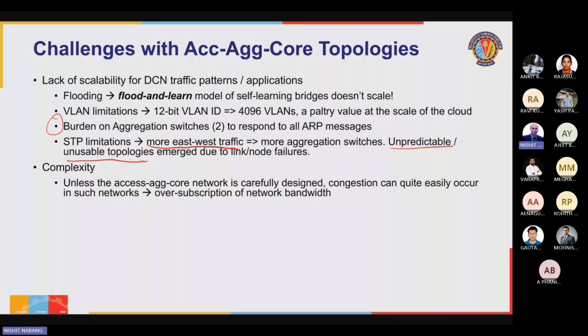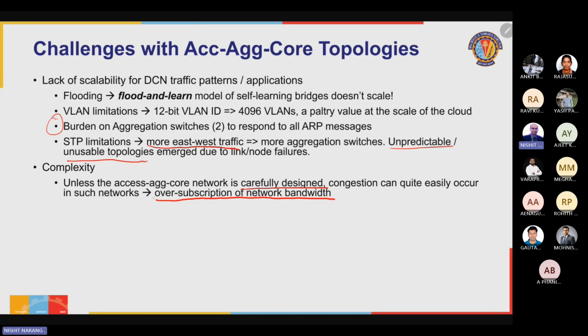So the remaining active links must have enough bandwidth so that they can cater to all the server-server traffic that is supposed to flow in the network. And therefore, I have to carefully design the bandwidth of these links, or in other words, oversubscribe the network bandwidth of each of these links so that when STP marks some of them as unusable, the remaining active links must still be able to handle the entire network traffic load without leading to congestion.